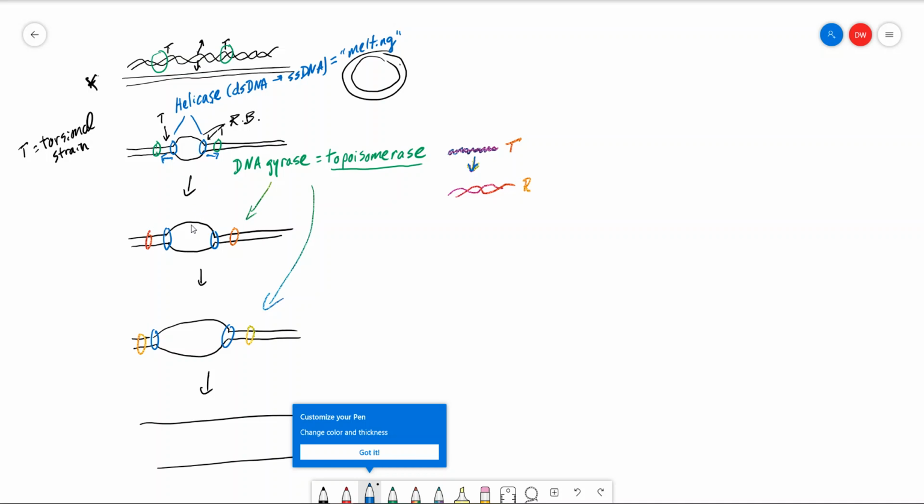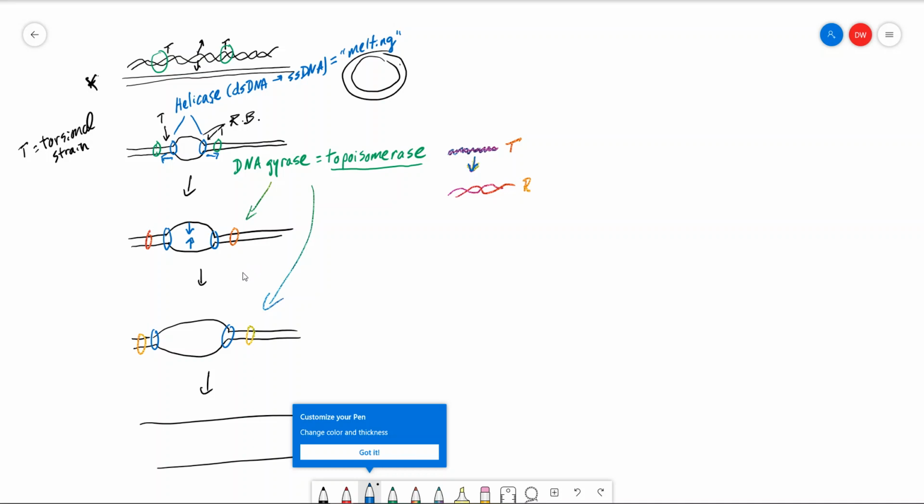Once the DNA helicase moves out of the way, what's to keep the two DNA strands from reannealing, like I'm showing here? Because they're certainly complementary.